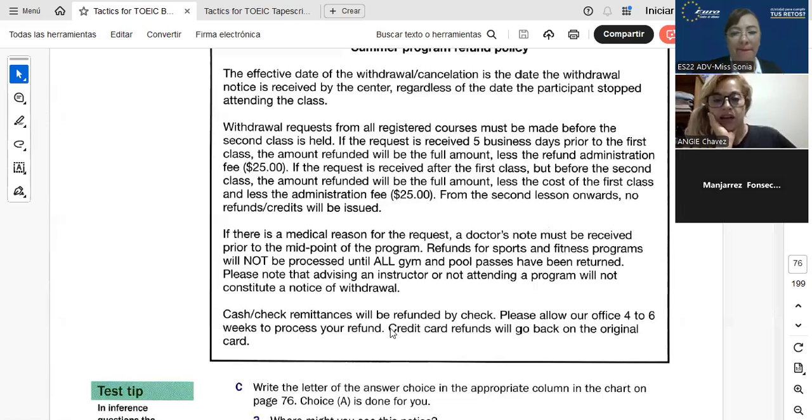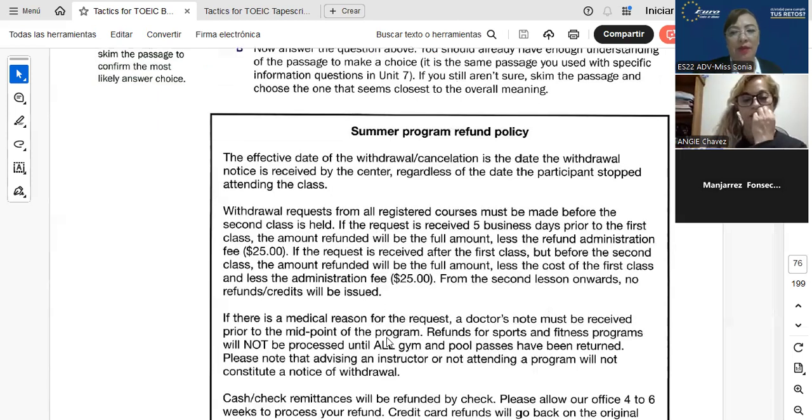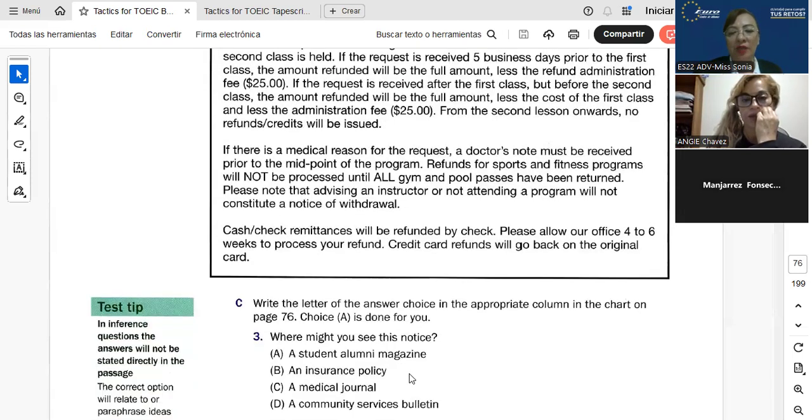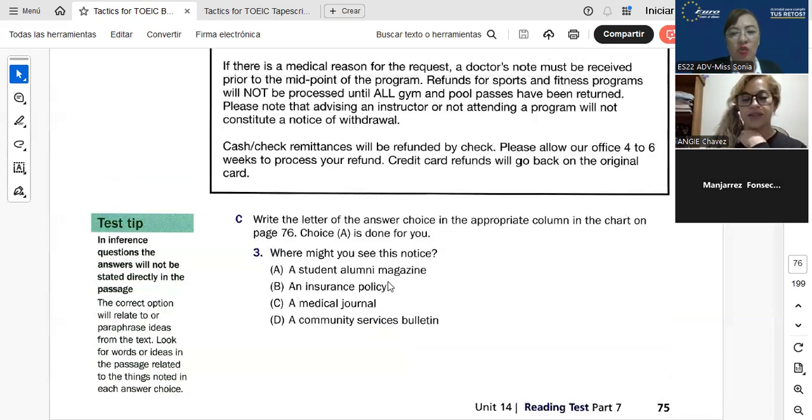May I see the title, please, teacher? Summer program. Just because of the title, we can have an idea that it is for alumni, right? Maybe it's letter A. Insurance policy? Letter A, an insurance policy.